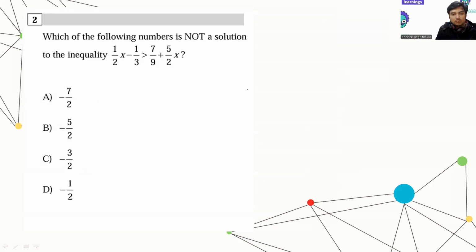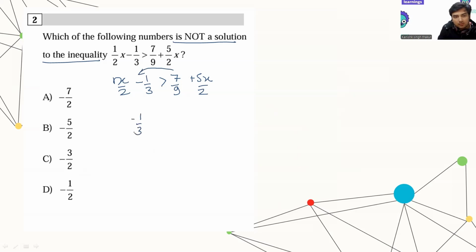Same thing you'll be doing with this inequality. Which of the following numbers is not a solution to the inequality? Okay, so x over 2 minus 1 over 3 is greater than 7 over 9 plus 5x over 2, right? I'll shift the things to the other side.